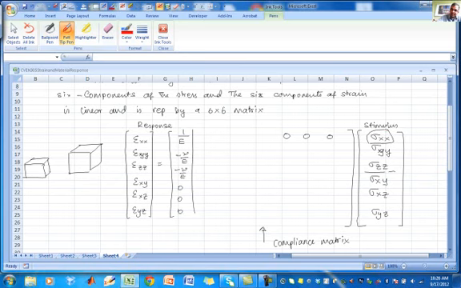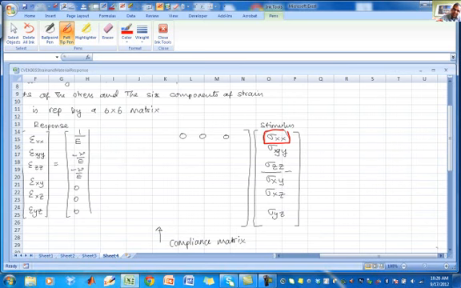These things are all 0. So what happens if I multiply the first row by the first column? I will get sigma xx over E. So is that correct? If I multiply these two things, I will get epsilon xx is sigma xx over E. So that's correct, because that means sigma xx over epsilon xx equal to E, and that's correct. So this row times this column will give me that term.